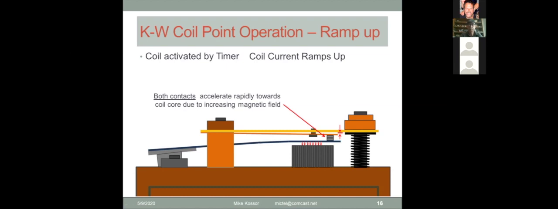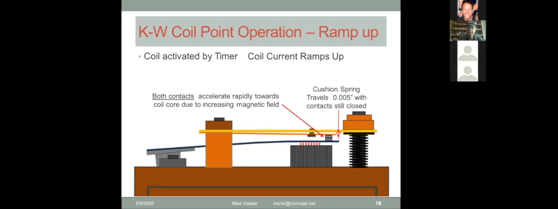But as it's pulling down the vibrator spring contact, the movable upper contact, which is the cushion spring contact, is following it. So there's been no break in coil current. The coil remains flowing and building up a higher and higher magnetic field with time as both of the elements are moving towards the core.